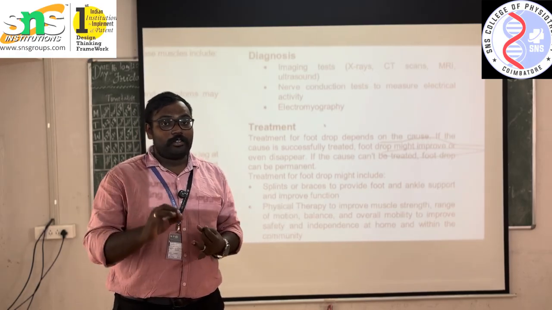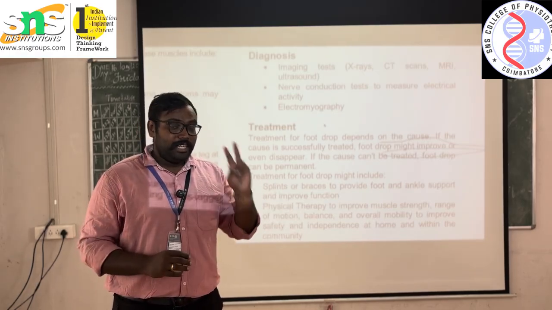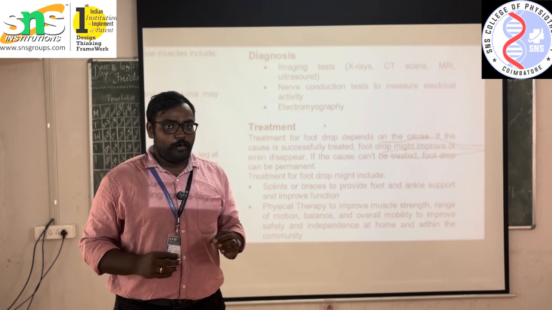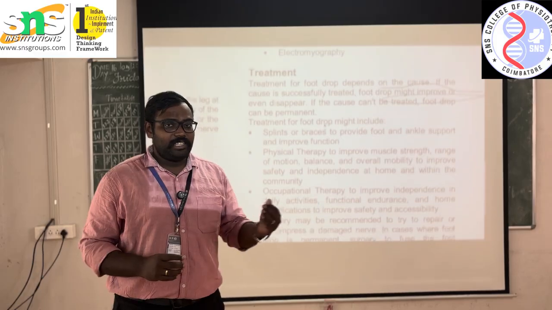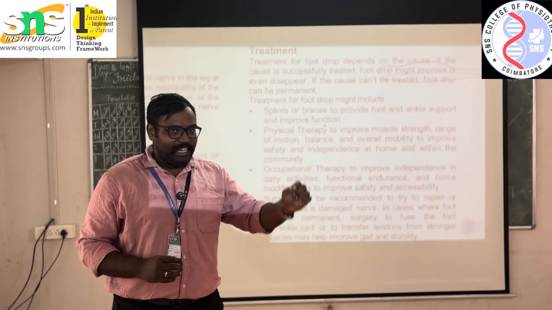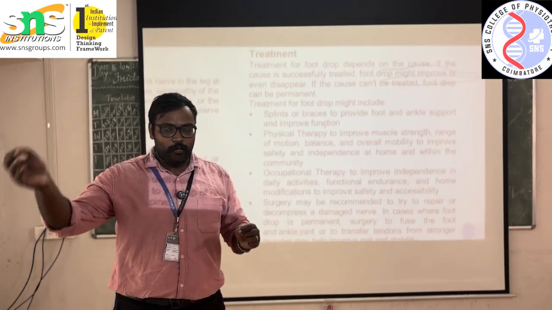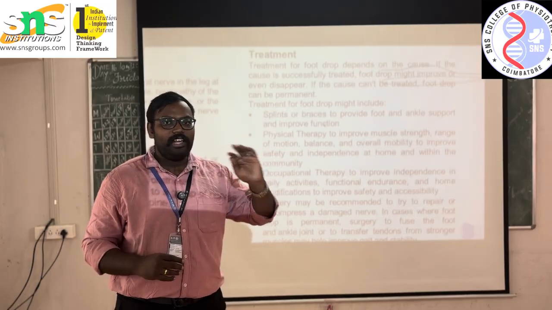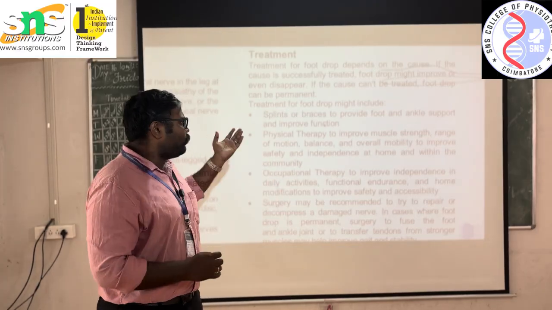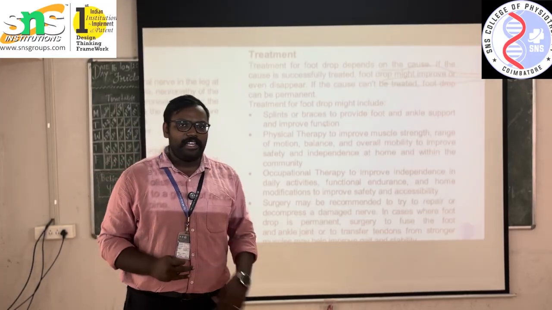The second one is electromyography. These two studies are most important in the detection of a foot drop patient. In NCS studies, we place the needles and record on the monitor how the muscle works in response to the nerve stimulus. Electromyography follows the same way.